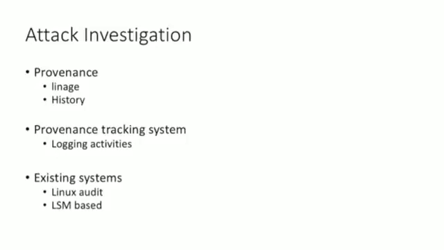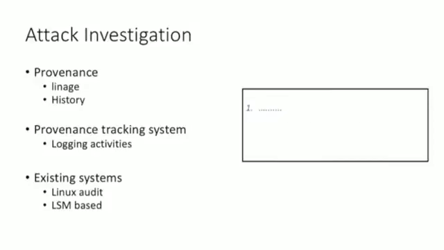There are many existing provenance systems. For us, we use the Linux audit system. It's built into the Linux mainstream kernel. Some other researchers use others, like the Linux security module, to monitor all the inodes and log all the activities. A very typical log will look like this.